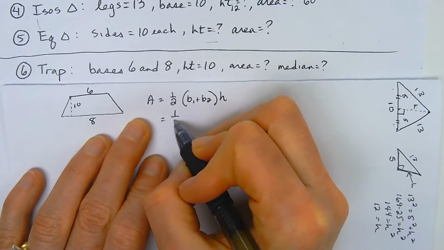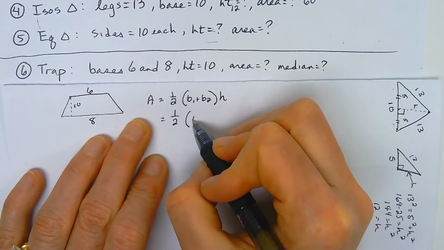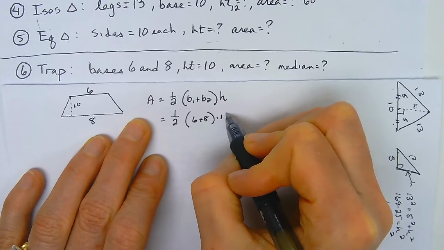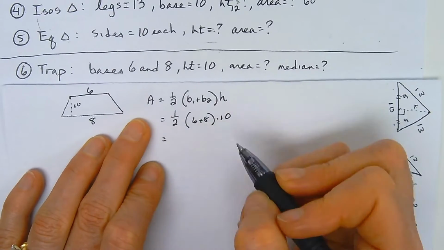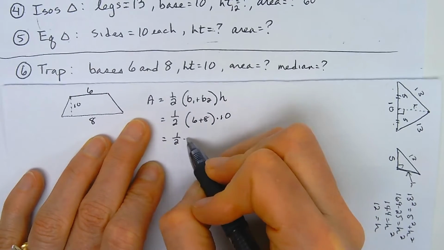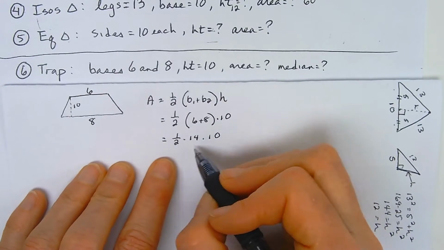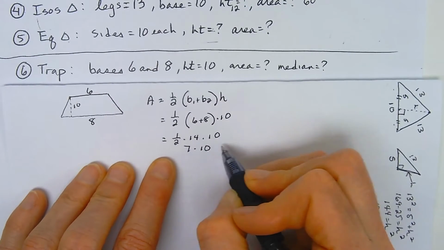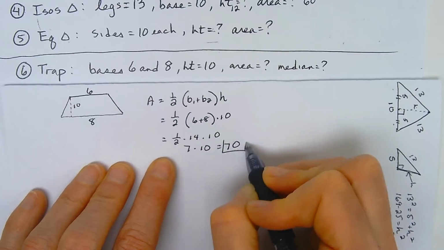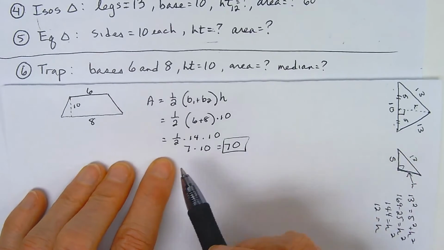That's equal to 1/2 times 6 plus 8 times 10. That's 1/2 of 14 times 10. 1/2 of 14 is 7. 7 times 10 is 70. The area for this trapezoid is 70.